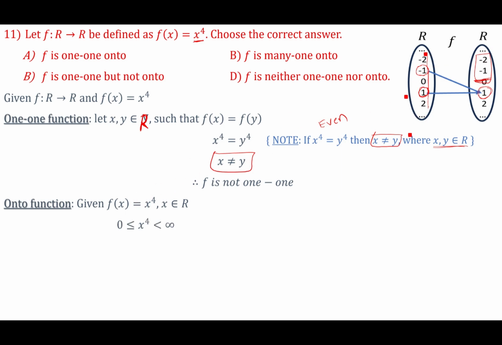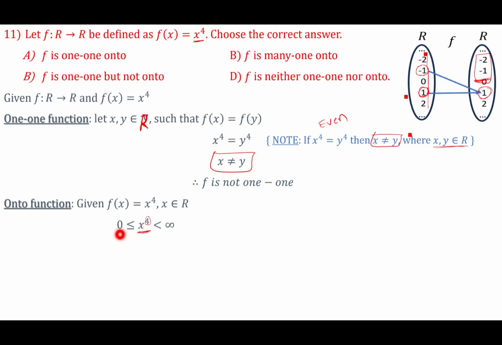Let us check. x power 4 lies between 0 and infinity because the power is 4. If I plug in any negative values, it gives 0 or more, not less than 0. So x power 4 is the function value, this is the definition of the function.